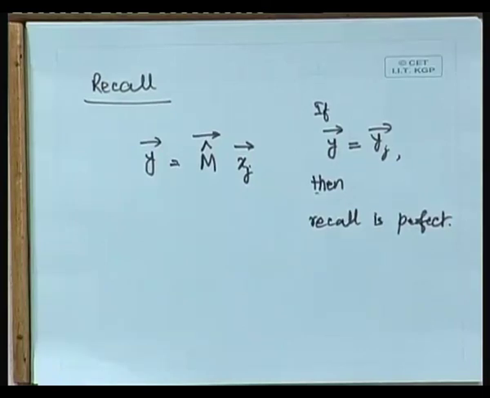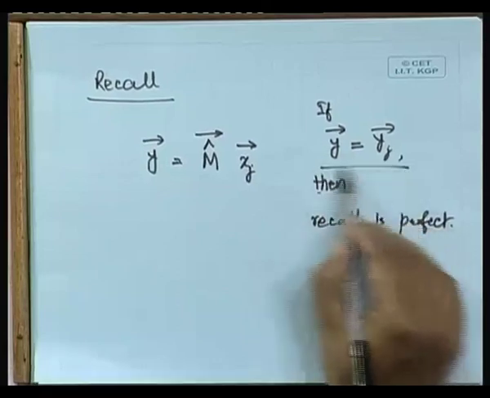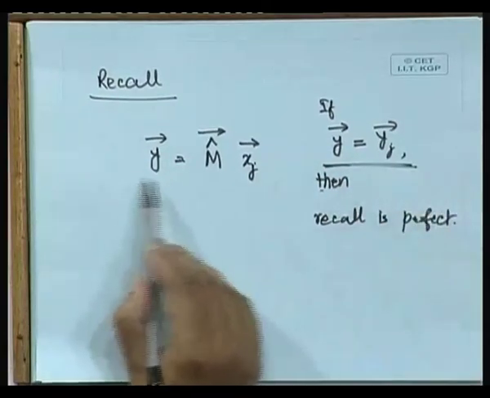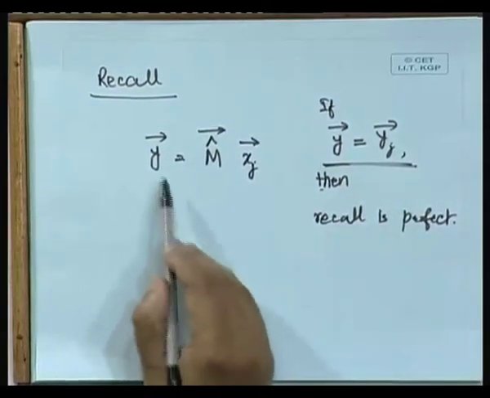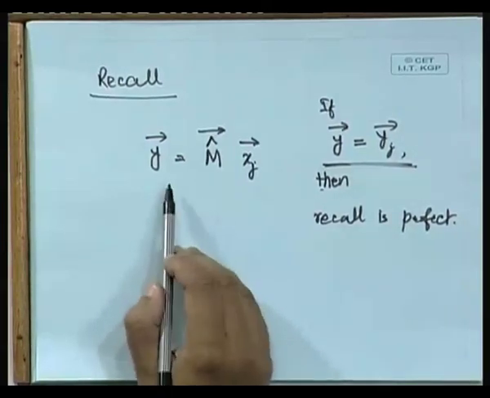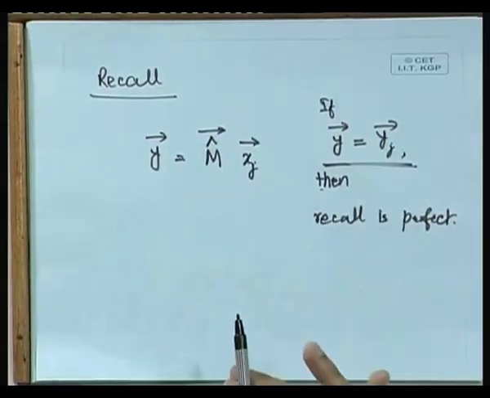This is what we are going to investigate. So we don't know yet whether this is going to be true. That's why I have just put a general vector y. I did not intentionally designate it by y1 or y2 or yj. I expect yj, but I did not intentionally put yj because I don't know yet whether I will get the exact yj or not.